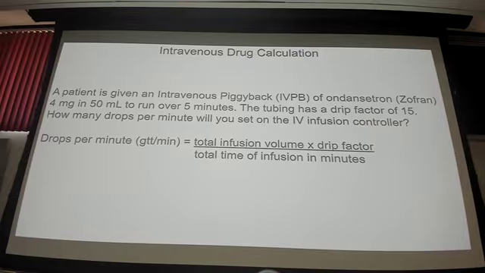Then for the IV piggyback, now remember this equation, don't be fooled if you see a bunch of other numbers. You may see more information, but these are the only set of information you need. The total infusion volume, which is 50, drip factor 15, total time 5 minutes.